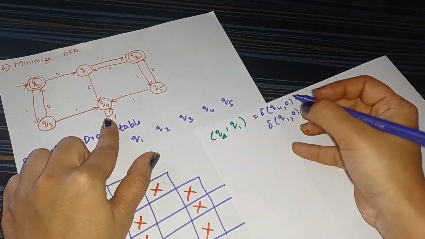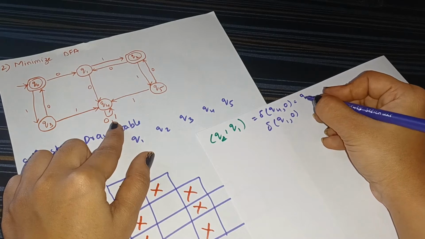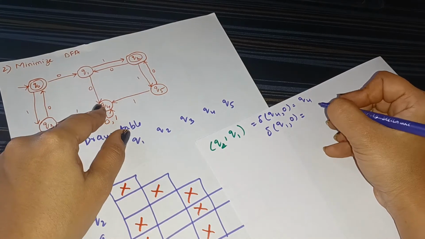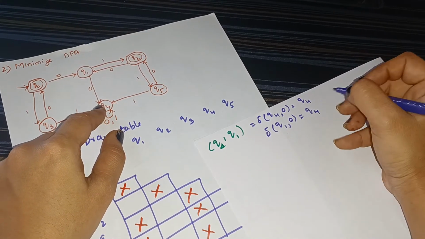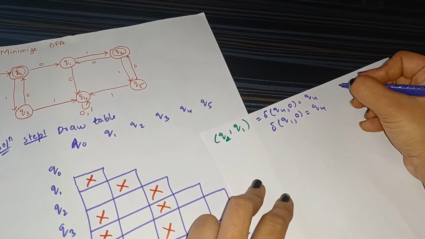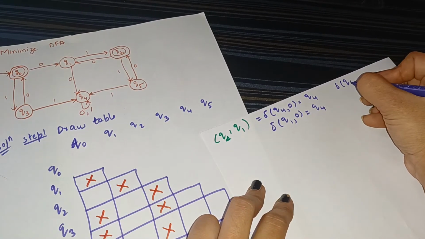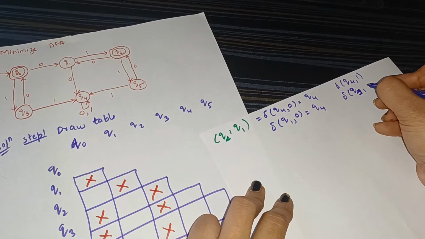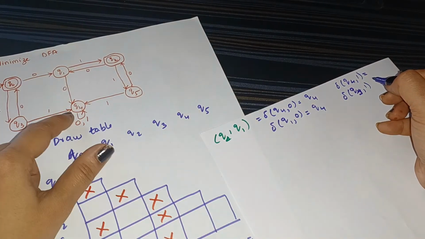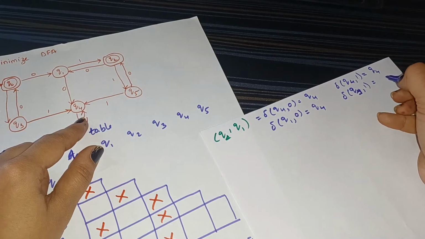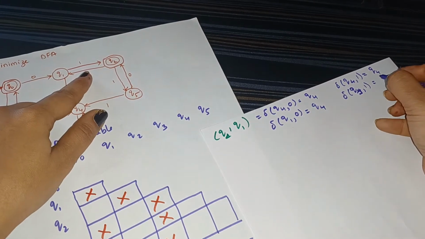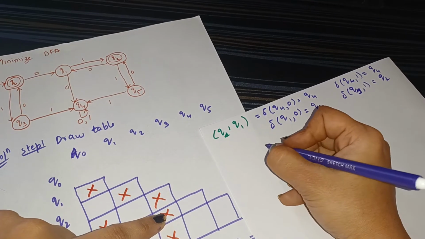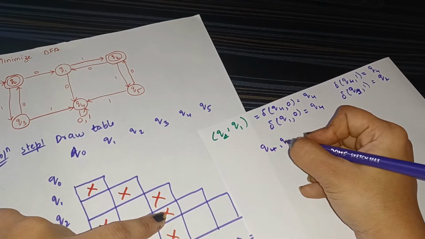Q4 on 0 is going to Q4 itself, and Q1 on 0 is going to Q4. Here we can see nothing marked. So we'll do the transition for Q4 on 1 and Q1 on 1. Q4 on 1 is going to Q4, Q1 on 1 is going to Q2. See here, Q4, Q2 is marked.